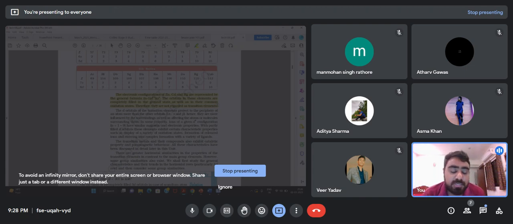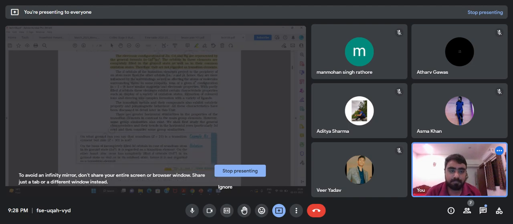What differentiates both of them is that in the case of transition elements, there should be an incompletely filled d orbital, or you can say there should not be a completely filled d orbital. So all the elements other than zinc, cadmium, and mercury are transition elements.